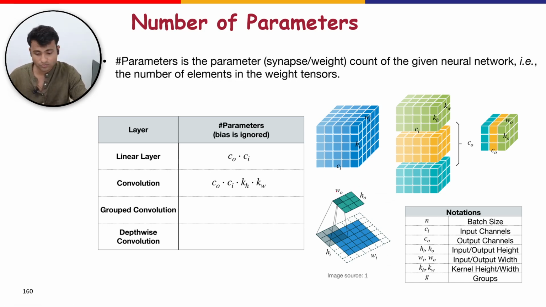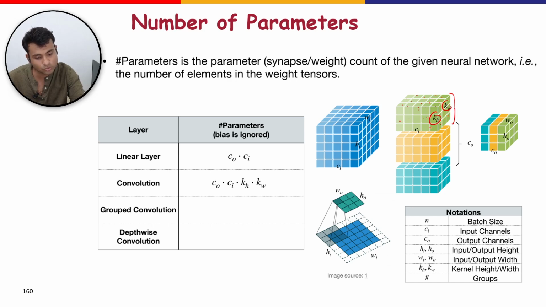Next we have the convolution layer. So in convolution, if you have to calculate the number of parameters, what is actually getting trained are these small blocks which you see here in our filters, what we call filters or kernels, right? So in each filter or each kernel, how many parameters are there to be trained?